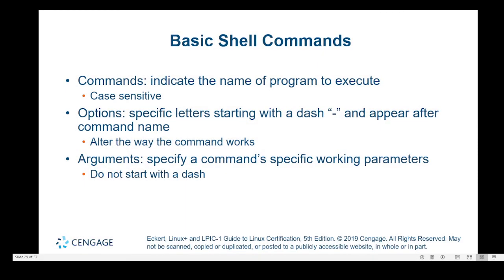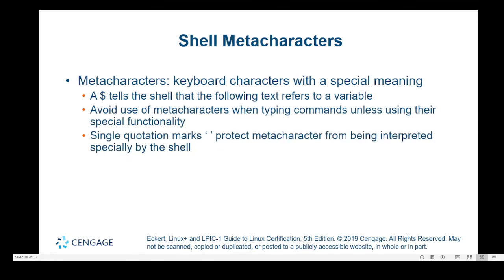So another thing that's going to happen is the arguments are things that come after options, right? So these are going to be maybe like a file name or something else that I'm going to be giving that command, some data or something to work with. And then I have this thing called a meta character.